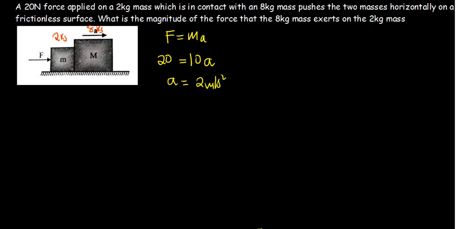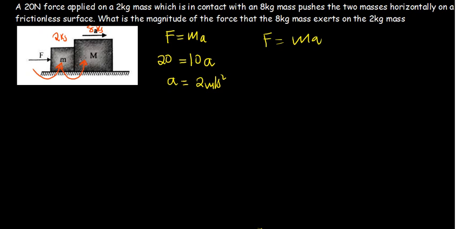Now since the force has been applied on the 2 kg object, this 2 kg object will also be pushing the 8 kg object. So let's find the force that the 2 kg object exerts on the 8 kg object. Again, force is equal to mass multiplied by acceleration.